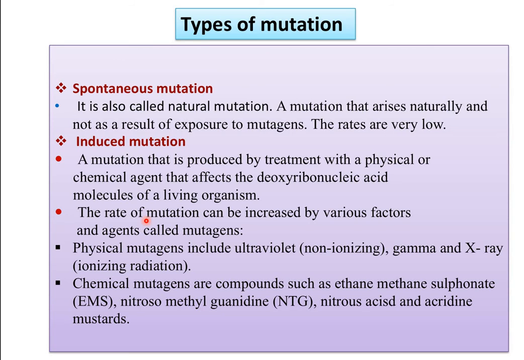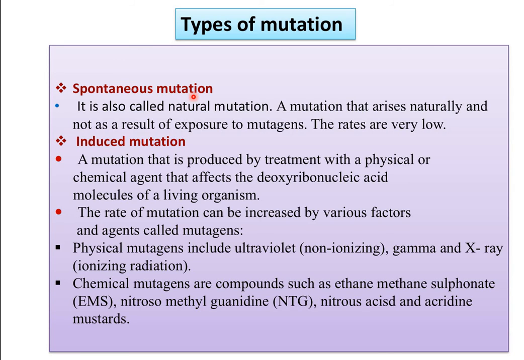Their rates are very slow. The spontaneous mutations occur from abnormalities in cellular or biological processes, that is, due to errors in the normal functioning of cellular enzymes and errors in DNA replication. So these are the spontaneous mutations.